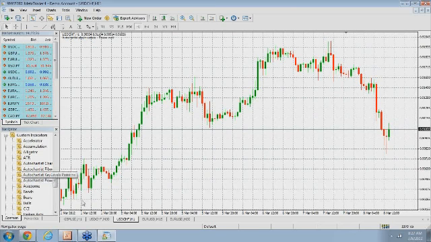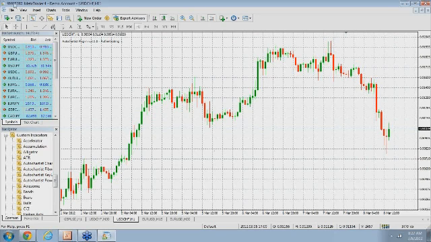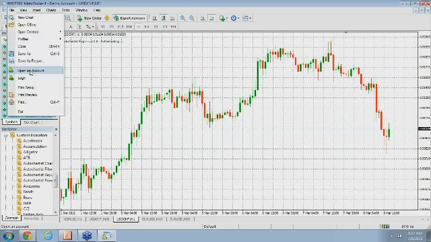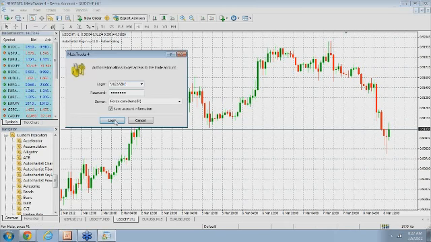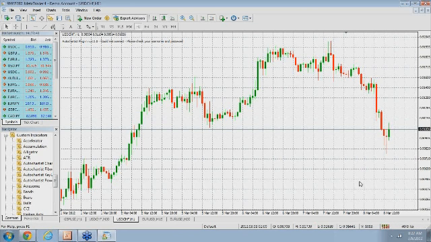So if I had, for example, dollar Swiss on the hourlies, and I wanted to look at key levels, I can just drop and drag this in there too, and it will be automatically set up now to show that kind of indicator.